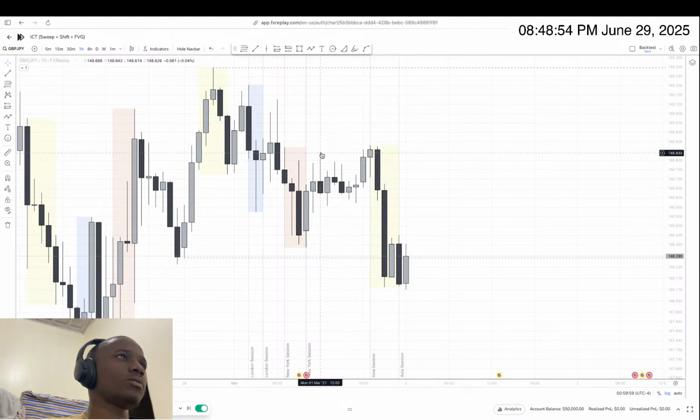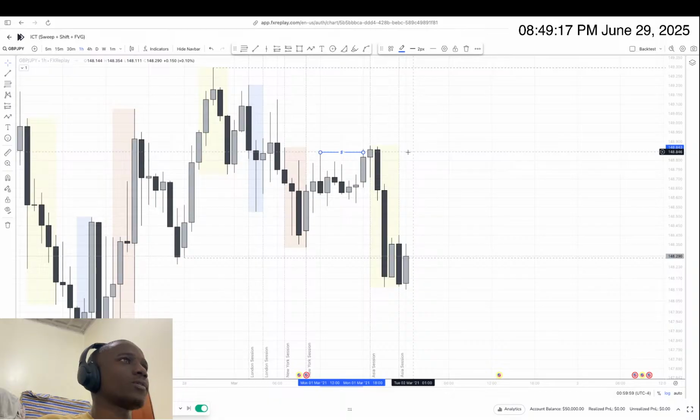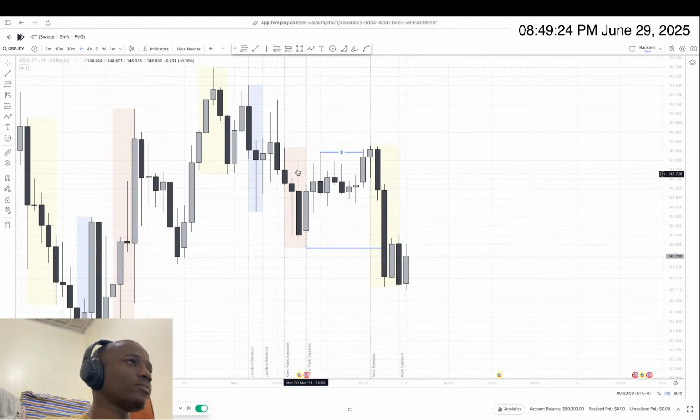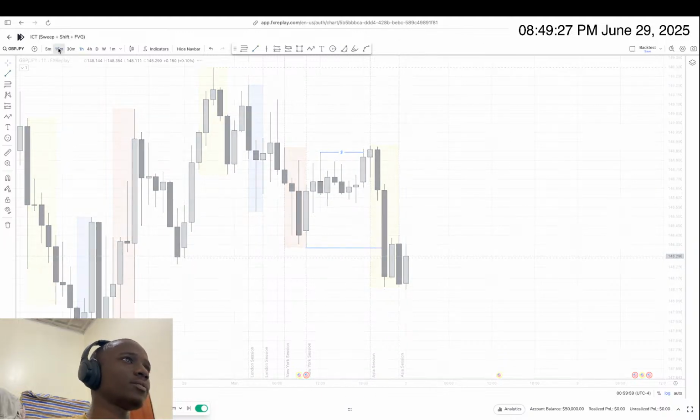So I'd like to see a sweep above this high before we continue to the downside. On the 1 hour, after the sweep, I want to see a retracement into this fair value gap, and then a continuous drop. So this is the 1 hour. 1 hour is showing us this shift. 15 minutes.